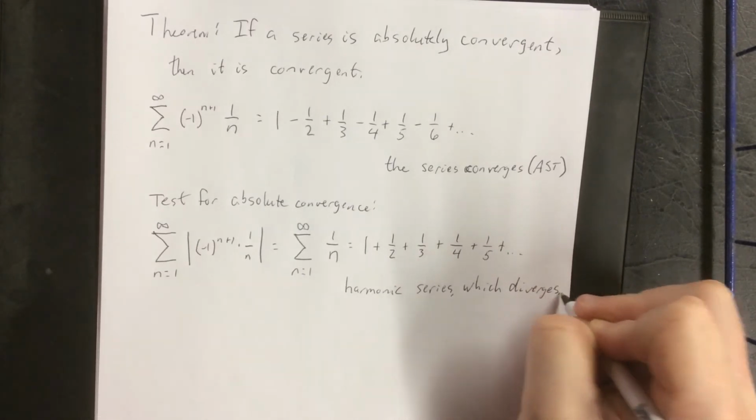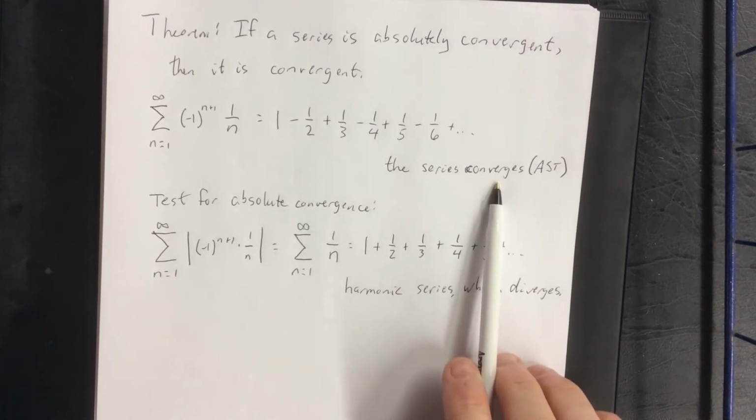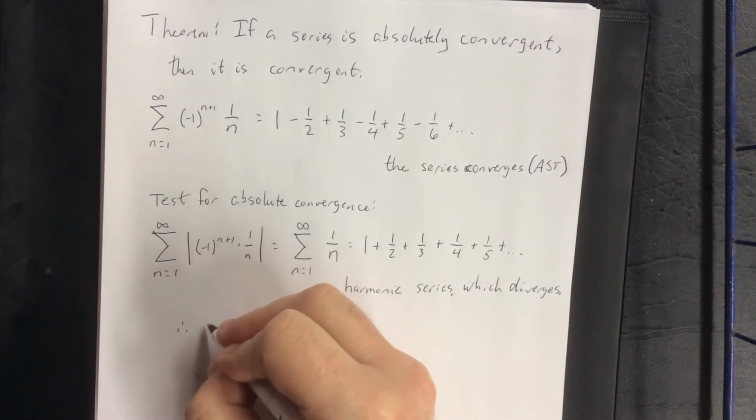And we know from multiple tests, like the p-series test and the integral test, that the harmonic series diverges. So in the event that you have a series that converges but doesn't converge absolutely, you can say the following.